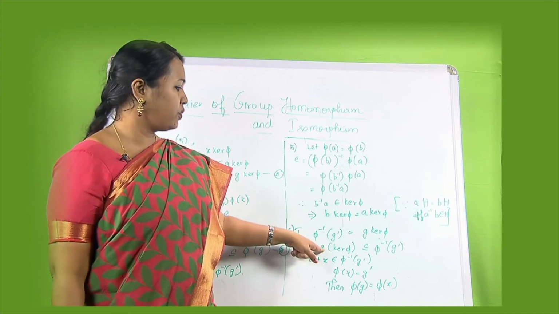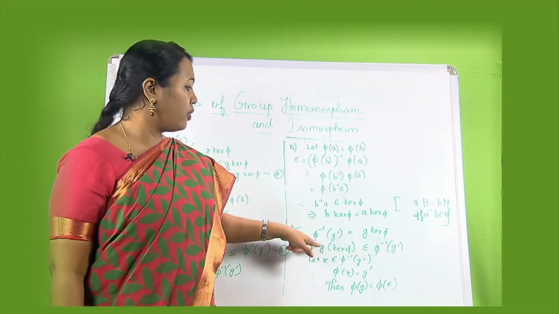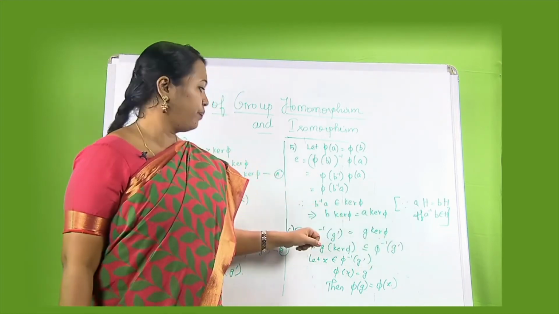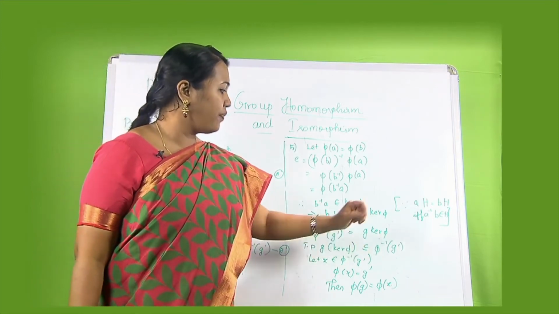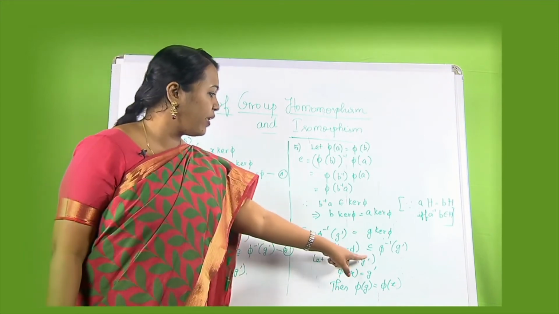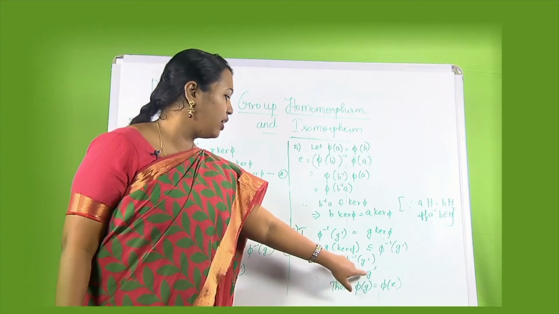We are supposed to prove that G kernel phi equals phi inverse of G dash. We shall go about this by proving that one is a subset of the other, and then conversely. So, let us first prove that G kernel phi is a subset of phi inverse of G dash. To do this, we have to take an element x from phi inverse of G dash, and we take that phi of x is equal to G dash.